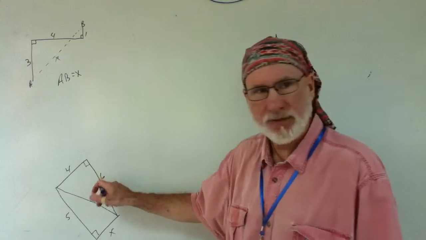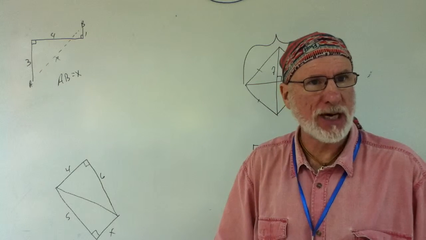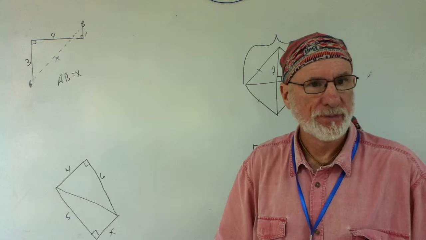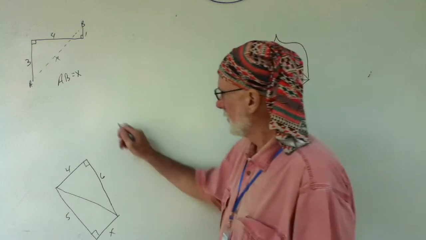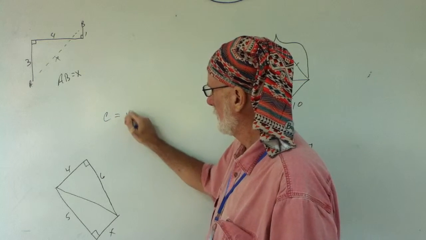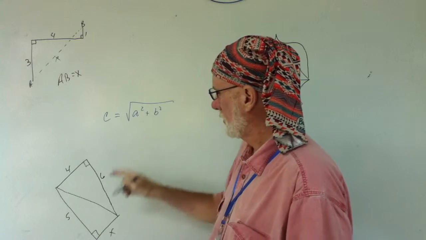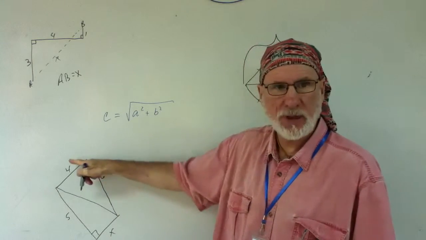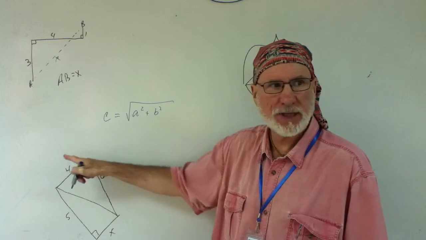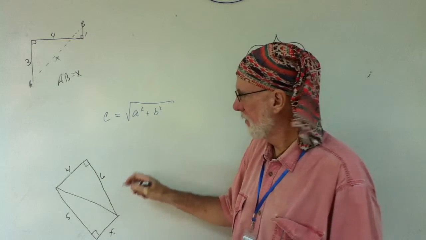So this and this, right? So what's the equation I use? C squared equals a squared plus b squared. Right? So it's a plus thing, right? Yes. You see it's a plus thing? Okay.